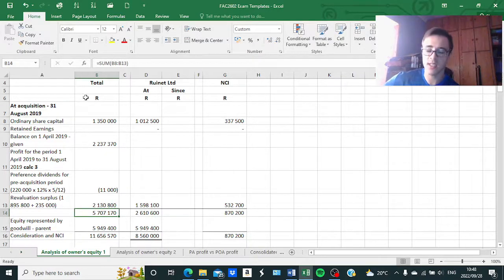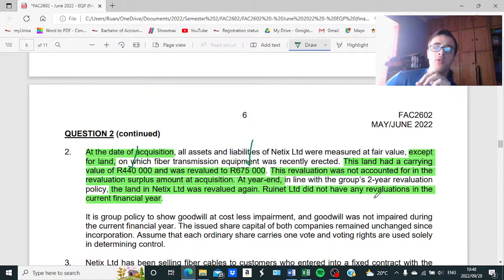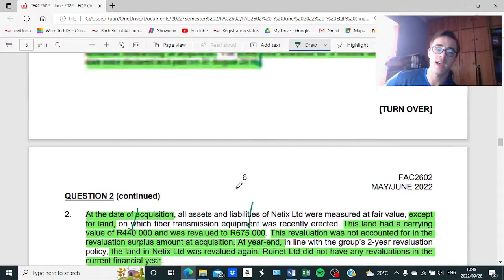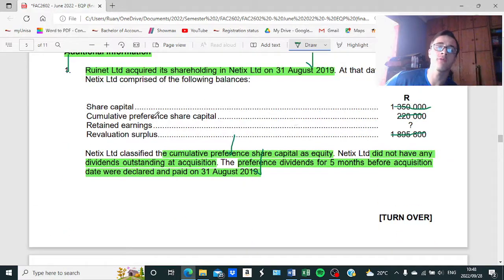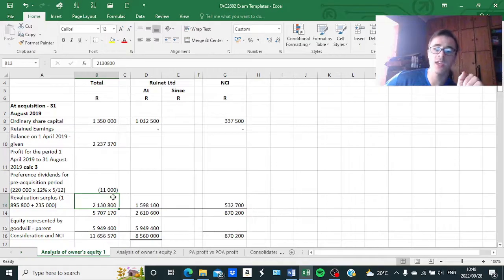So this is the correct balance of revaluation surplus at acquisition. If you read your information carefully, it just says that the company did not account for this revaluation amount at acquisition, meaning we only have to adjust the given balance of 1,895,800 by the amount of 235,000. So here you just calculate the correct balance for revaluation surplus at the date of acquisition.